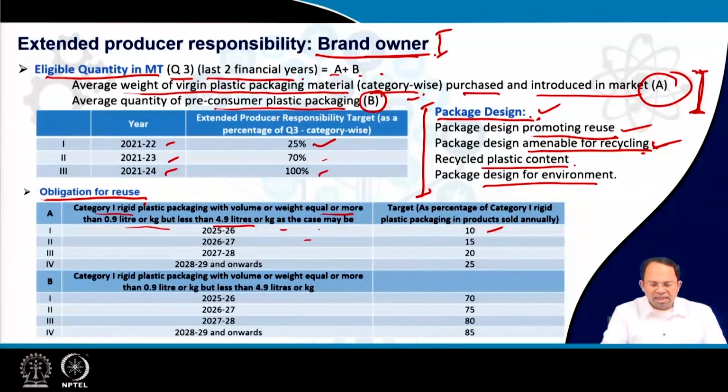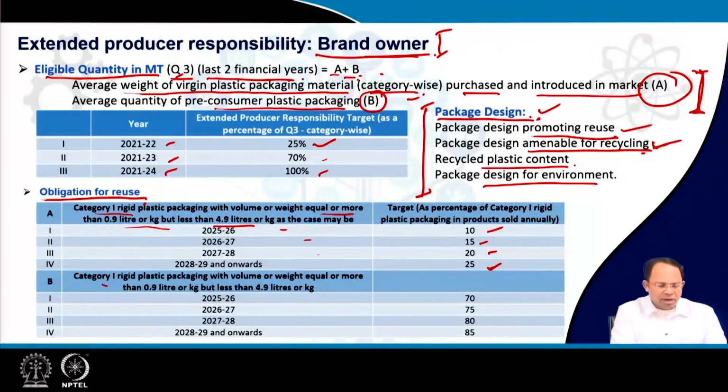Then for 27, it is 15%, 28 it is around 20%, and finally 25% for the year 29 onwards. So this is the target for now. That means 25% of this Q3 value, the total value of plastic that they are designing, should be reusable for some purposes.